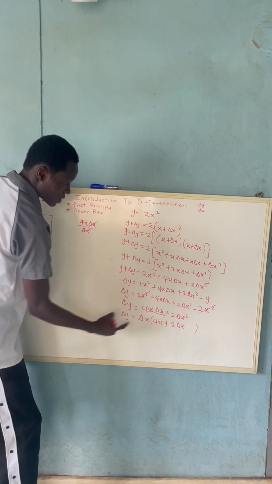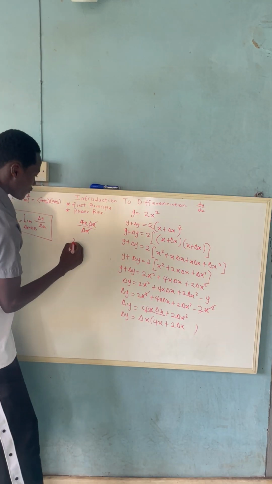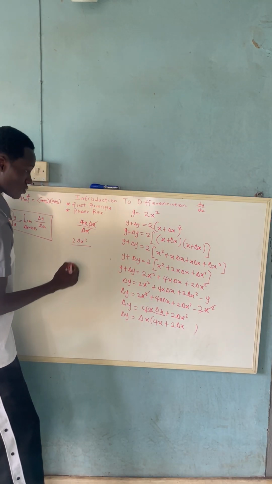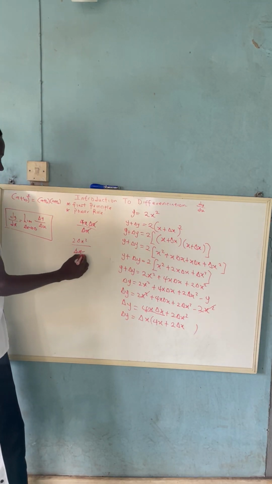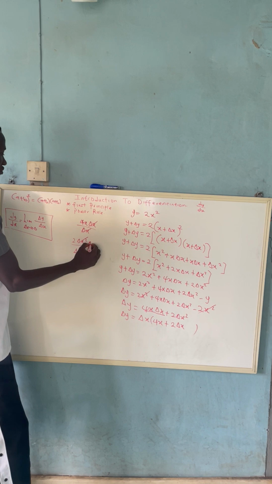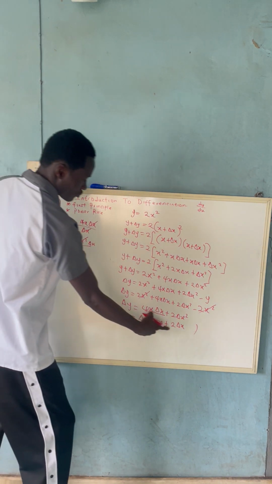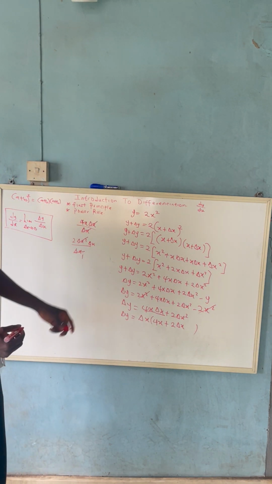That's why we use 4x. If you do the same thing here, you have 2 change in x squared over change in x. What will happen now? One of the change in x will cancel one here. We have change in x left. 2 times change in x, 2 change in x. So that's why we have that there.